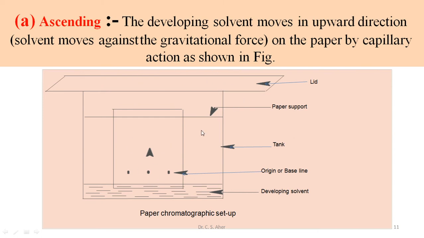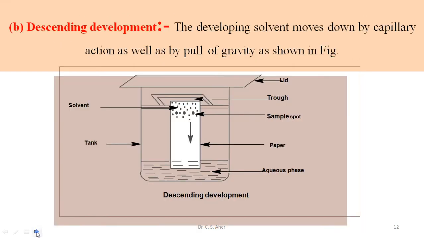So this is the lid. This is the tank. In this tank we have the organic solvent or developing solvent, which saturates the tank. Then we insert the paper with the spotting. This is the solvent front, and this is the origin or baseline. So this paper is dipped in the developing solvent, and the solvent moves in an upward direction against the gravitational force. That is called ascending development, ascending order.